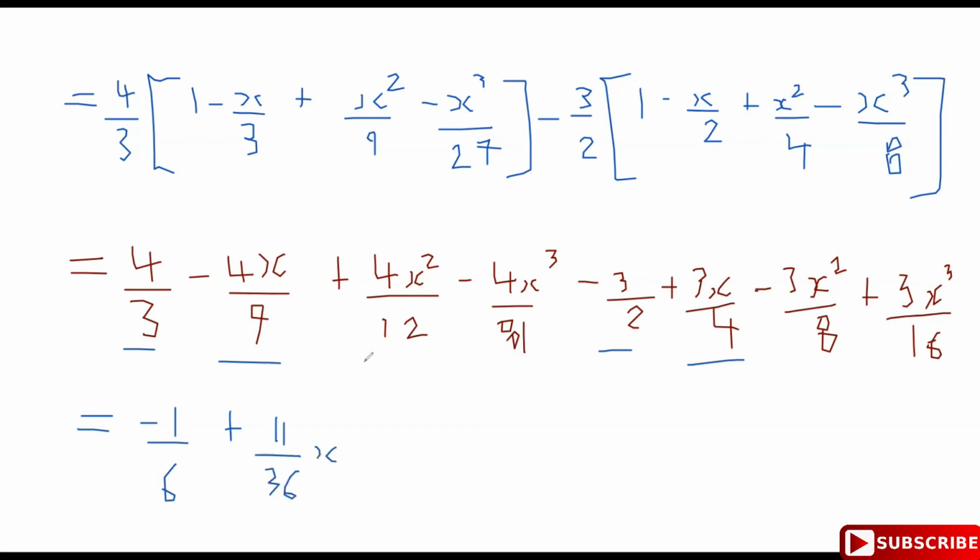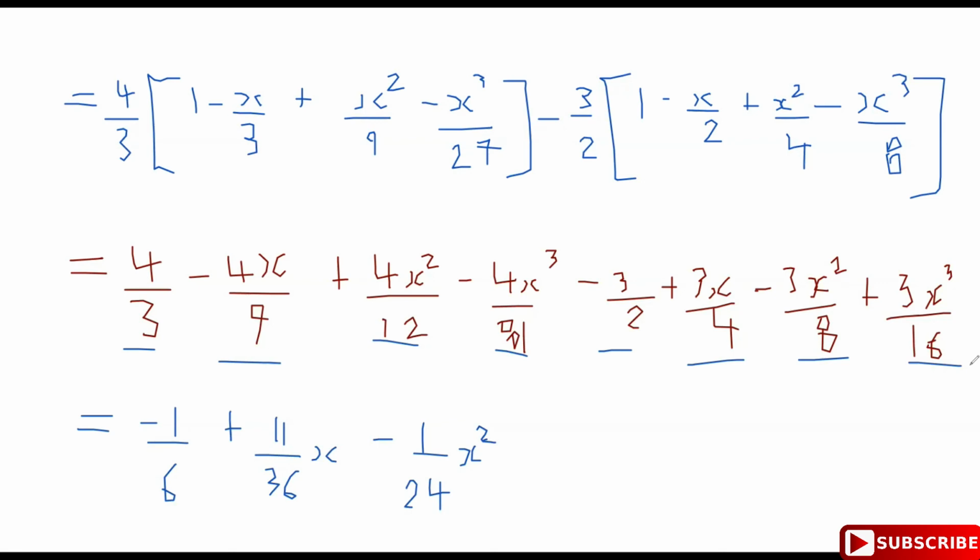Then we group our x squared terms, which is this and this. So you have 4 over 12 minus 3 over 8, and you get minus 1 over 24 x squared. Then finally you group your x cubed terms, and what you get is 3 over 16 minus 4 over 81.